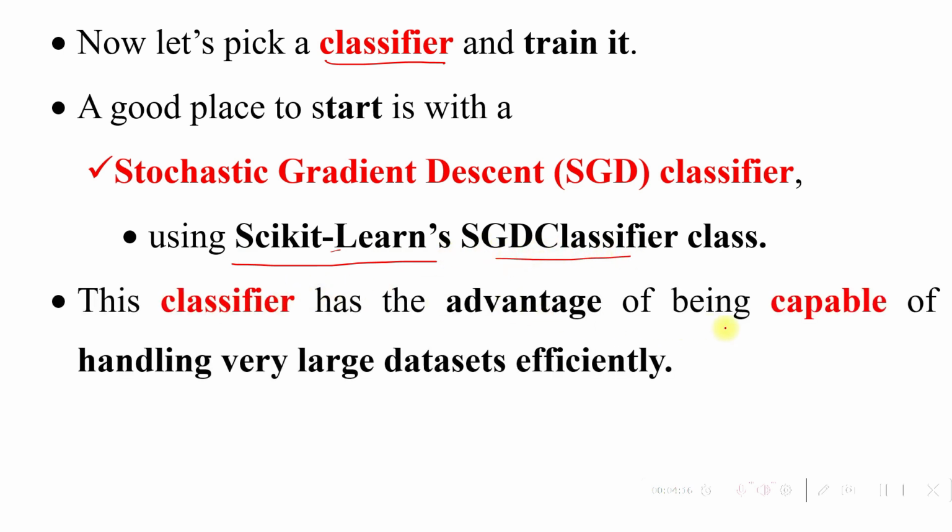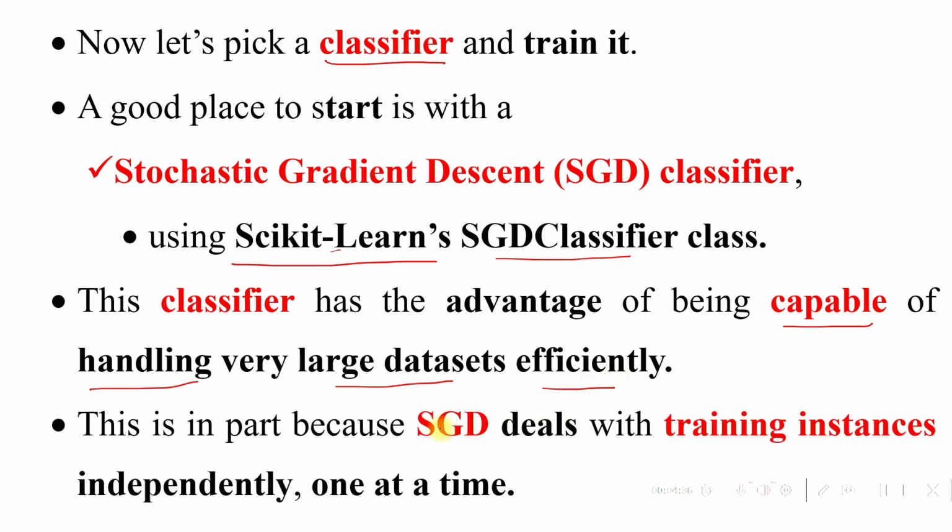This classifier has the advantage of handling very large datasets efficiently. If there are a large number of data instances, the stochastic gradient classifier works very well, because SGD deals with training instances independently, one at a time. That is the major advantage of the stochastic gradient descent algorithm.